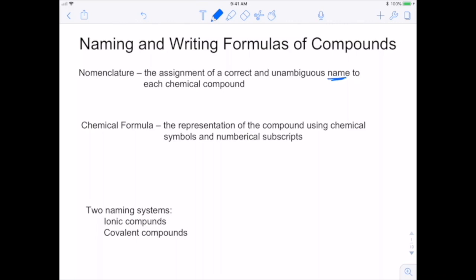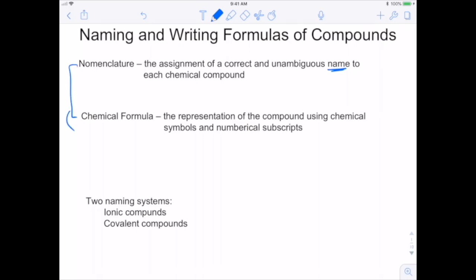Both of these together allow us to identify the number and type of element. So first of all, it gives us a name and also the number and type of atoms, each atom being of a particular element in a compound.